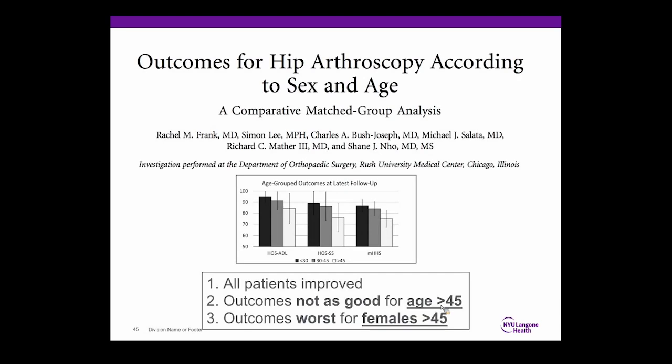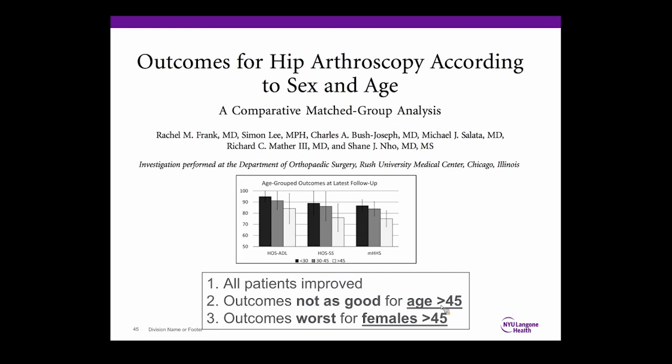So, a few studies, and this was one of the ones that showed up on JBJS, basically sobered our perspective on doing hip arthroscopy in older patients. But it is important to note that all of the patients, especially in this study, did improve from their baseline preoperative scores.